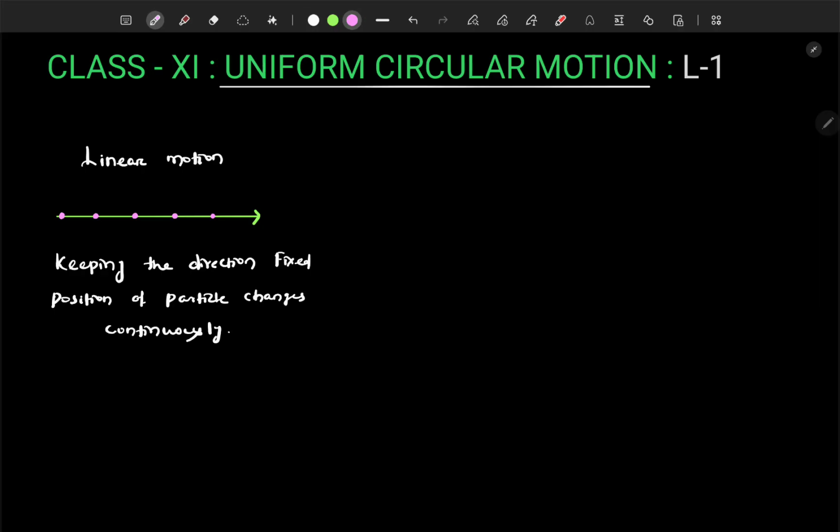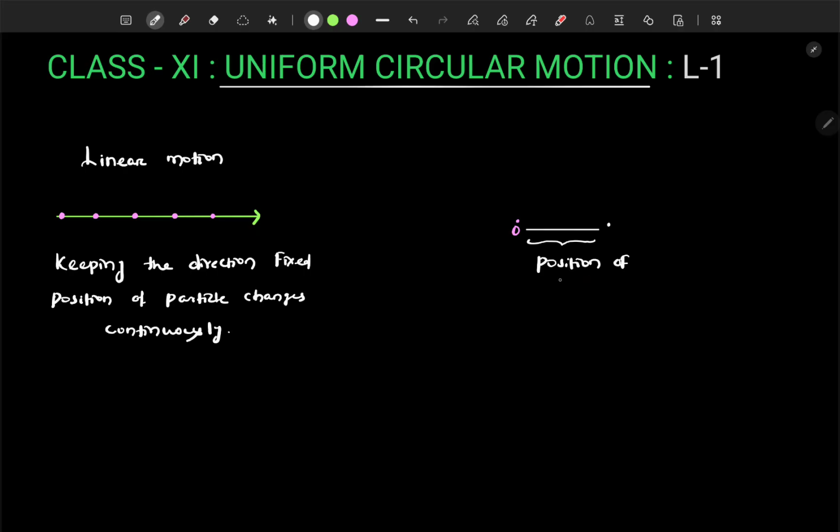In circular motion, what will you observe? Let this be the center, or a fixed point, and this white colored dot represents the particle position. From O to the white colored dot, we call it the position of the particle. This line represents the position of the particle with respect to the origin or center.